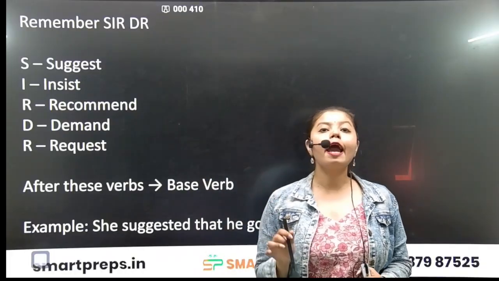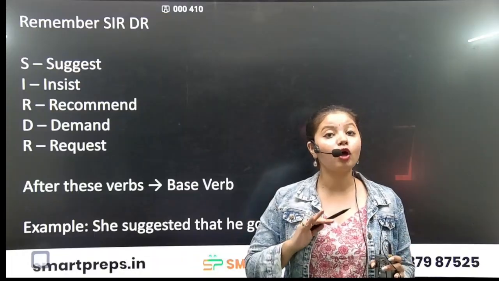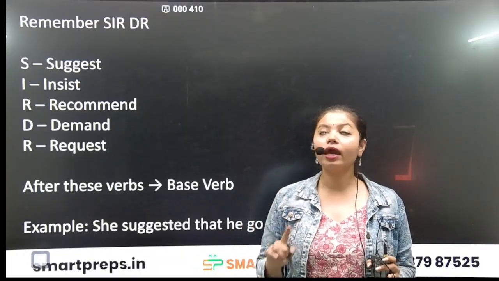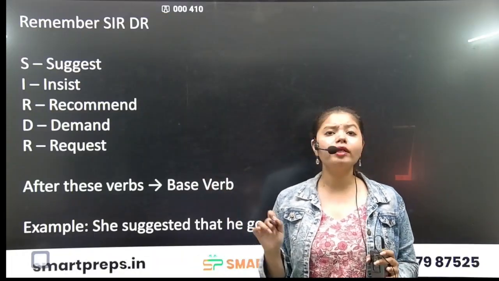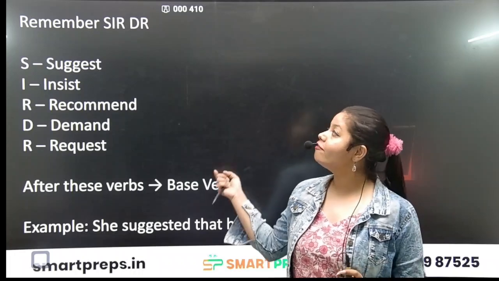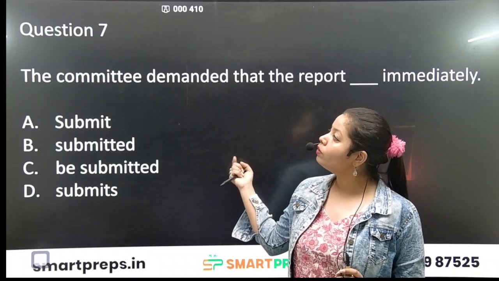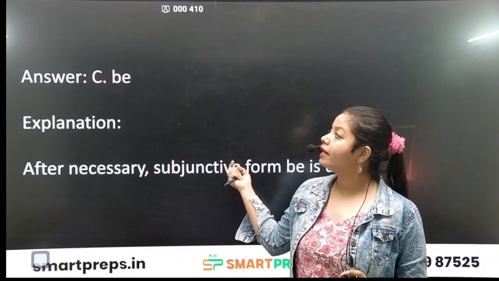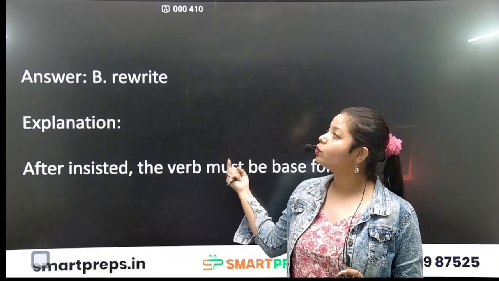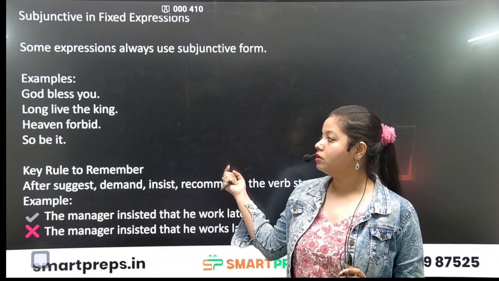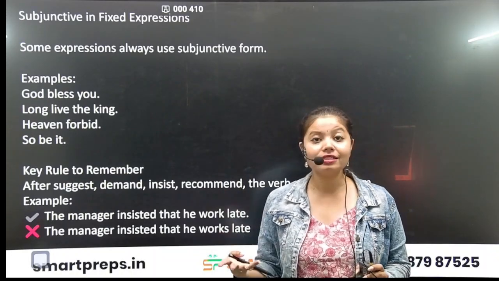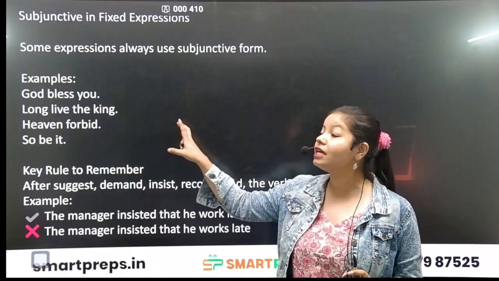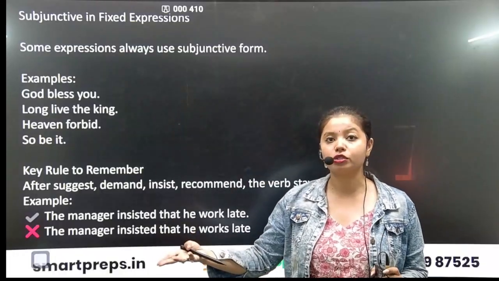So, today I have brought the full concept with all the types of subjunctive, with all the rules and with some questions that I have shown you with their examples and explanations, so that you can understand the concept with the questions. Only when we practice do we understand how the basic concept is applied in questions.